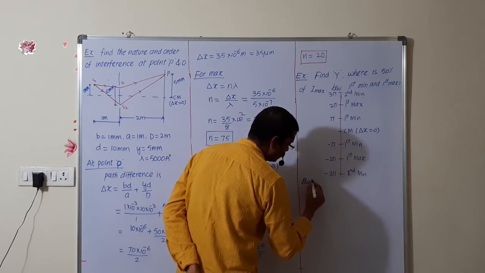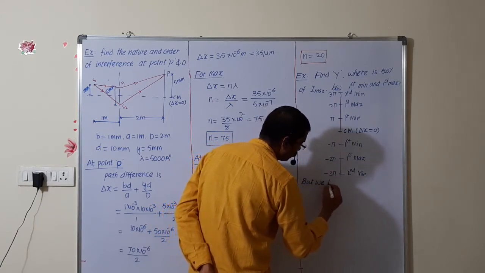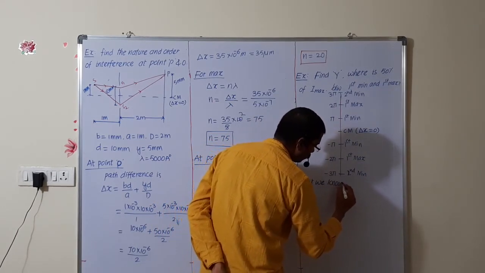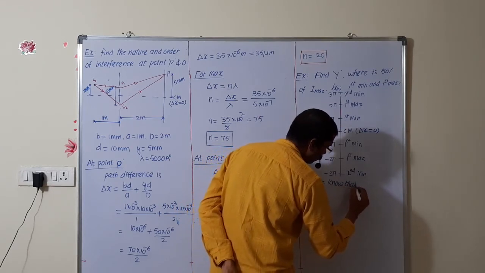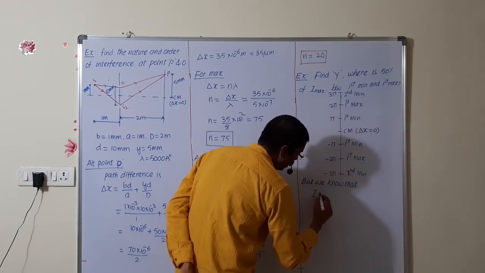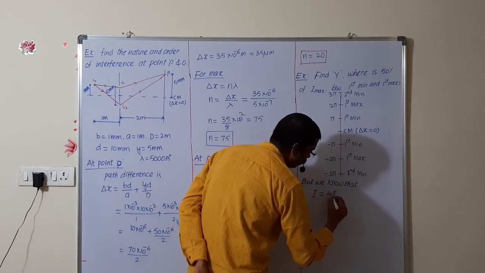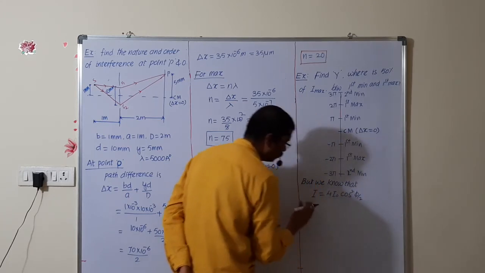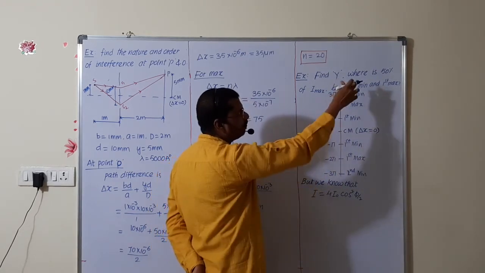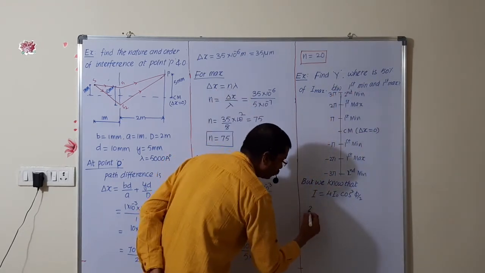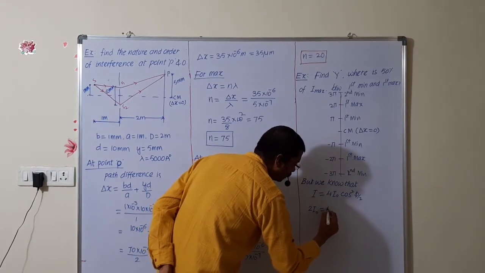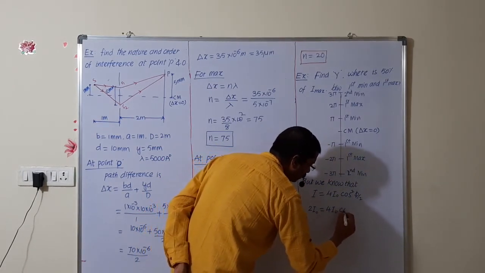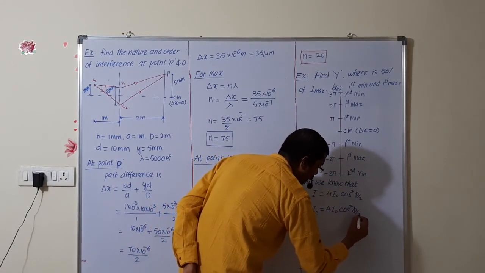We know that I is equal to 4 I naught cos square phi by 2. This I value is given as 50%. 50% means 2 I naught equals 4 I naught cos square phi by 2.